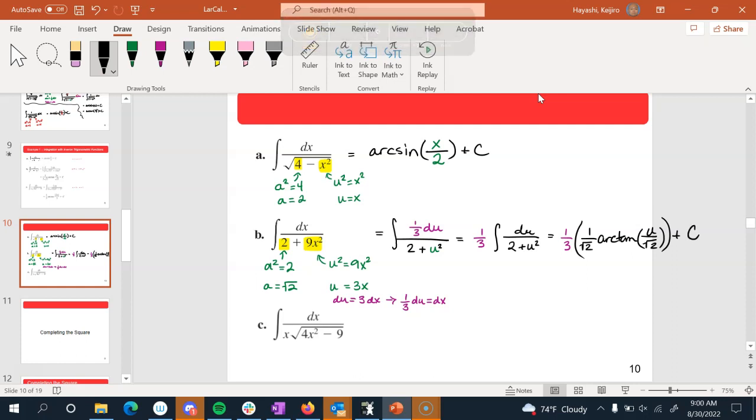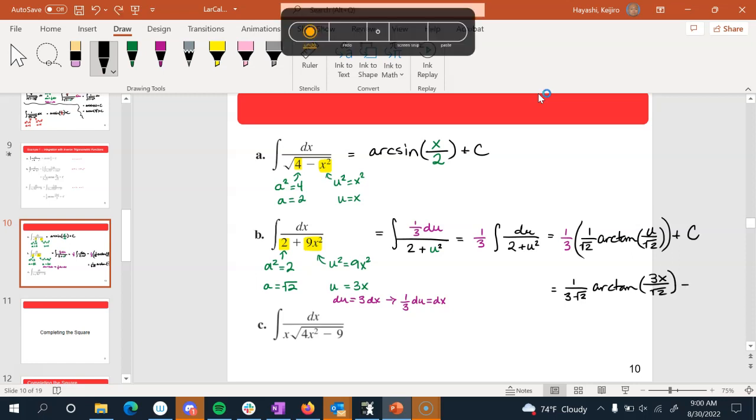Feel free to just skip this if you know what u is, which you do, but I generally don't like to skip too many steps, even though I could. So altogether, that's 1 over 3 square roots of 2 times the arctangent of 3x over the square root of 2 plus c.